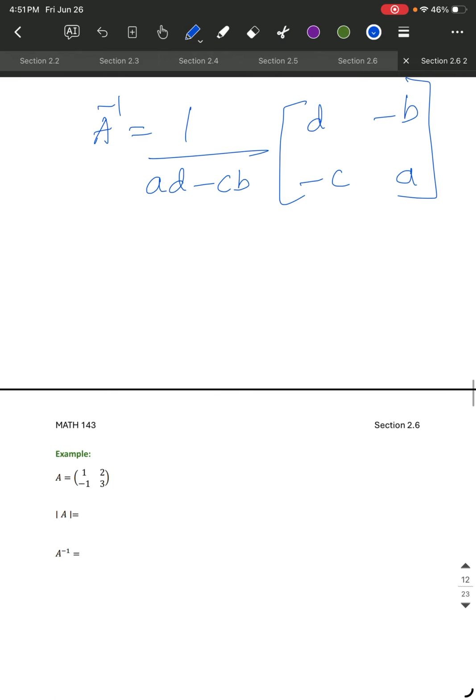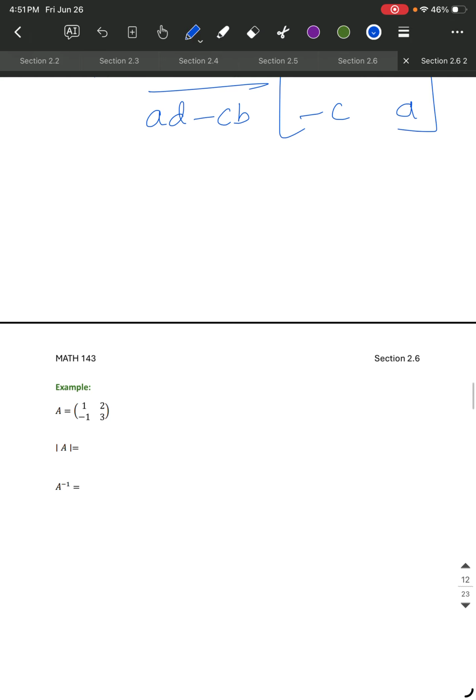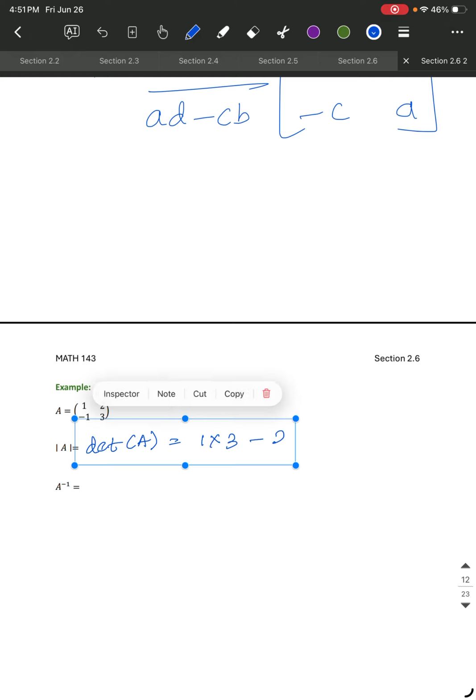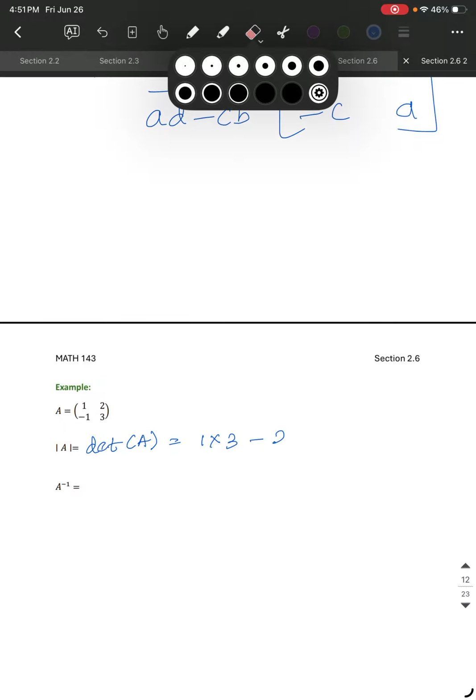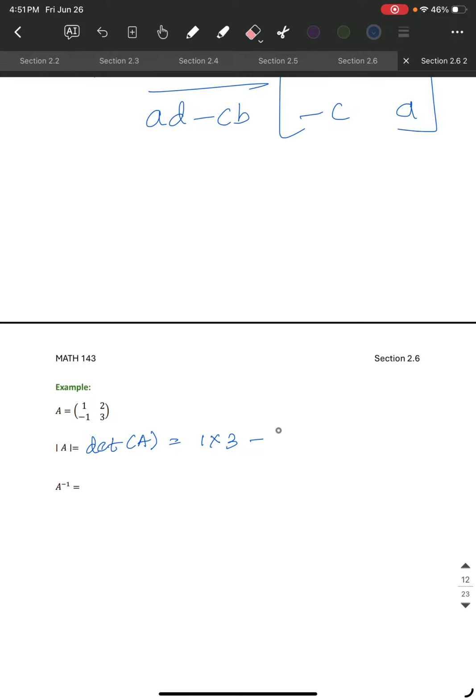Okay, let's see the example. Here we have the matrix A: 1, 2, negative 1, 3. Compute the determinant first: 1 times 3 minus negative 1 times 2. 3 plus 2, 5.